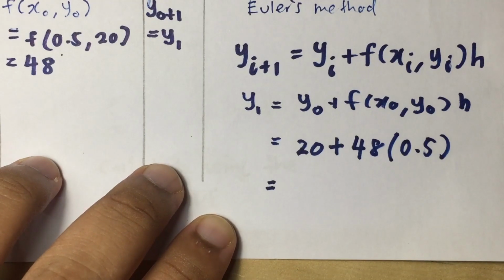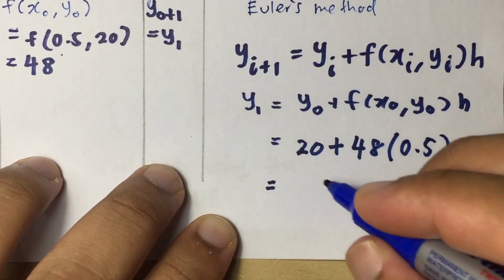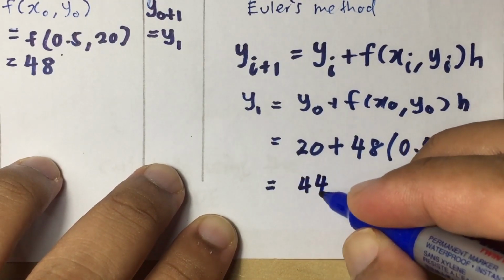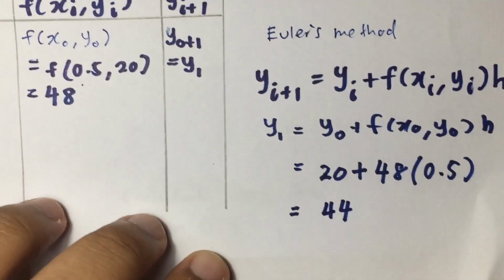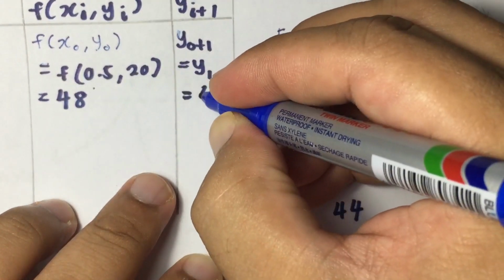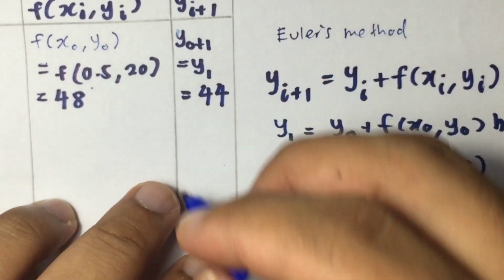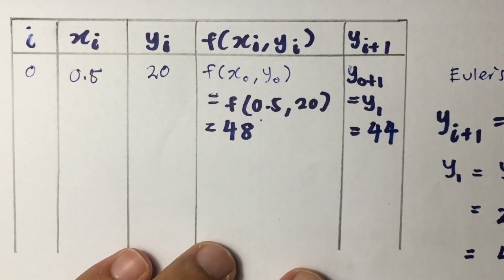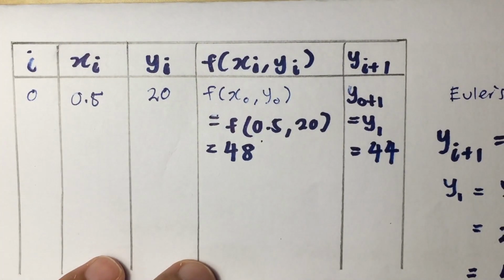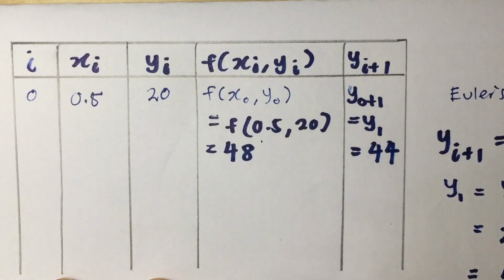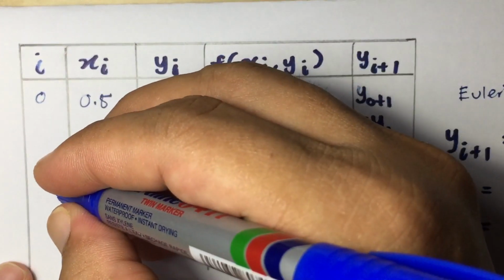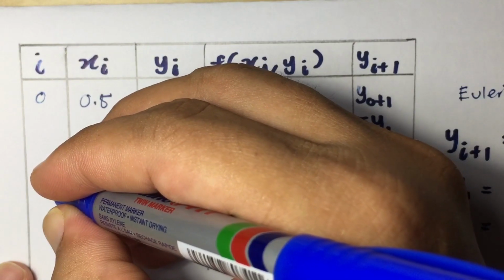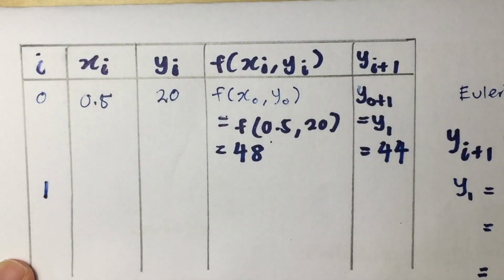The result is 44. So y_1 is equal to 44, corresponding to i equal to 1.